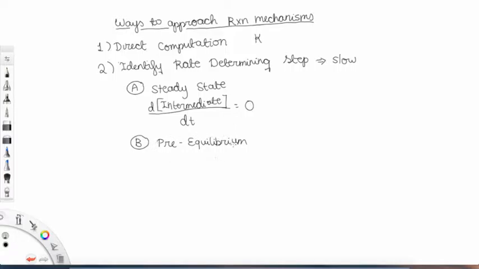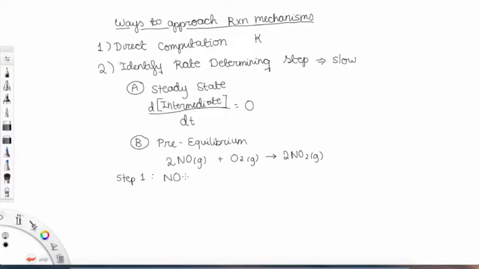Now, since we haven't really talked about the pre-equilibrium approach, I'll show you guys an example of that. Let's do an example where 2NO plus oxygen goes to 2NO2. Step one of the mechanism is a fast bimolecular dimerization.